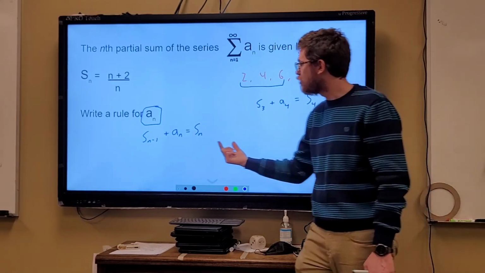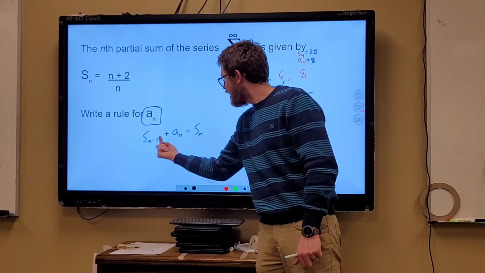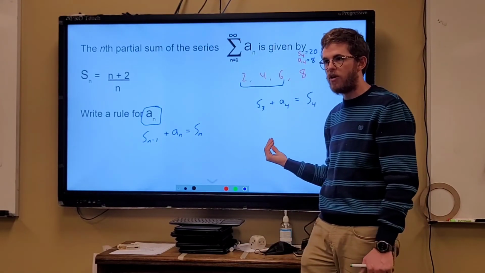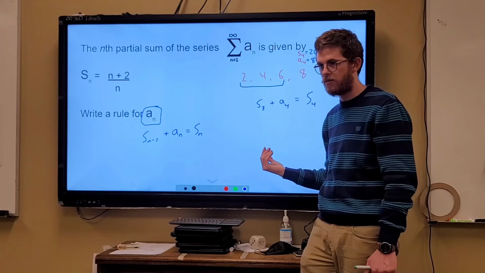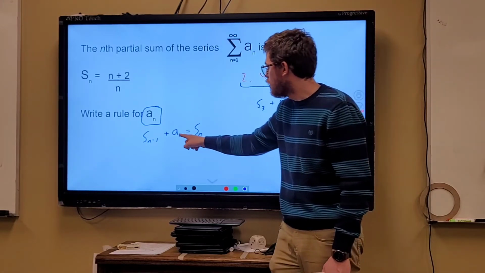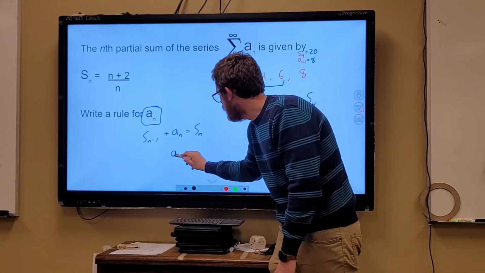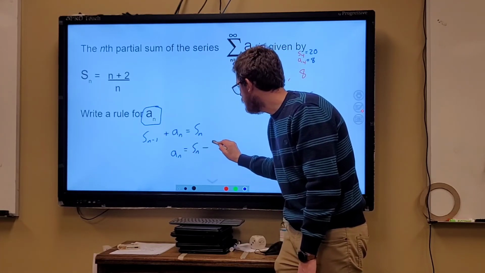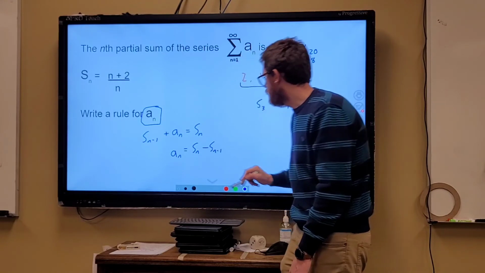Add up all the terms before it, add that very next one, and we get the sum of all the terms we've looked at so far. To rearrange, A of n, which is what we're looking for, is going to be S of n minus S of n minus 1.